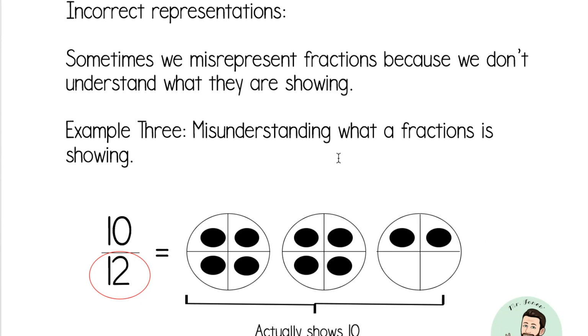But as I noted down here, this is actually showing 10/4. So with a fraction, it's not just how many fractional pieces it's divided into, it has to reflect the number of wholes as well. Here we actually have 3 wholes that we're working from, whereas the fraction 10/12 should be 1 whole that's divided into 12 pieces.